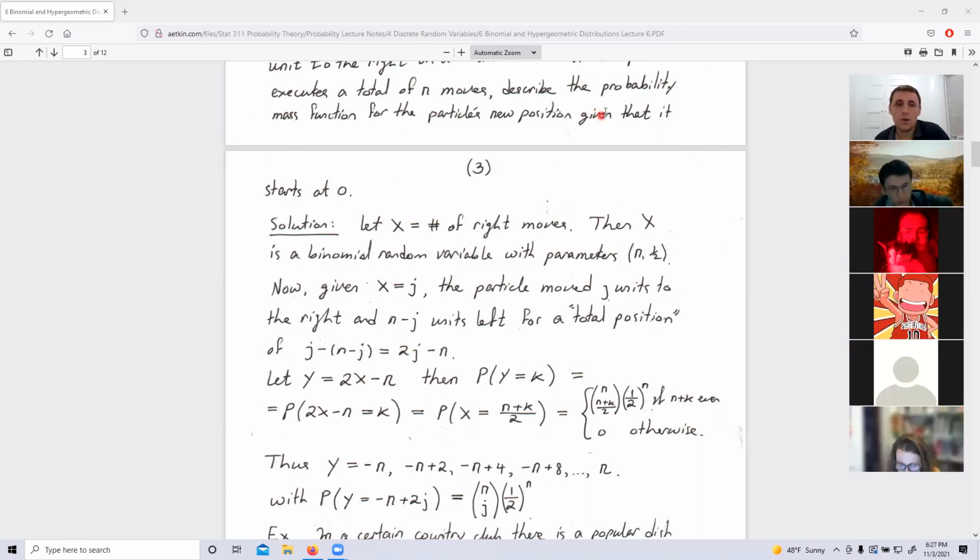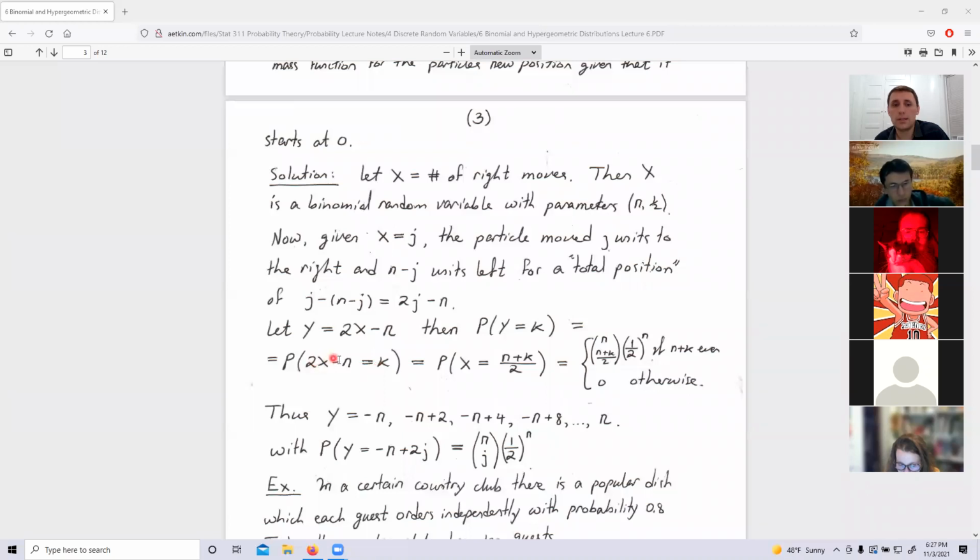Yes? So what's the probability that Y, which is 2X minus n, is equal to k? That means 2X minus n is equal to k, which means if you solve for X, X is (k plus n) divided by 2. And you can see that n plus k must be an even number, right? If n plus k is not even, then that cannot be.